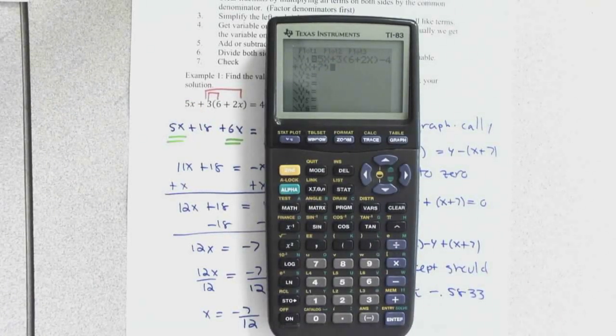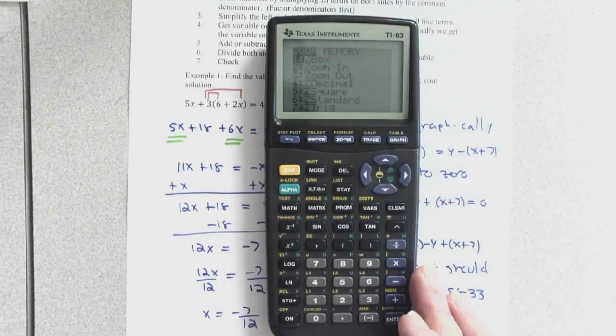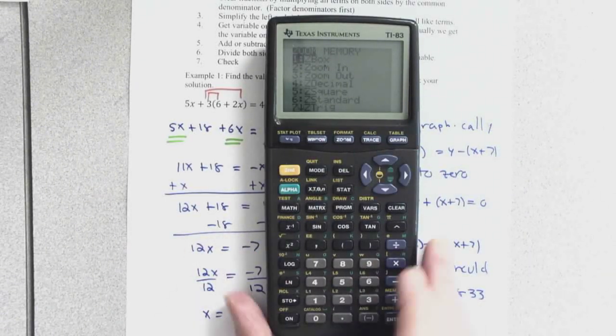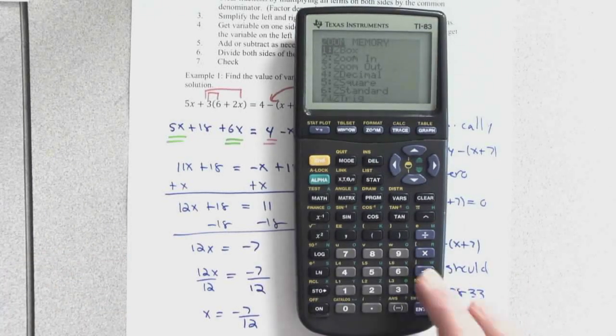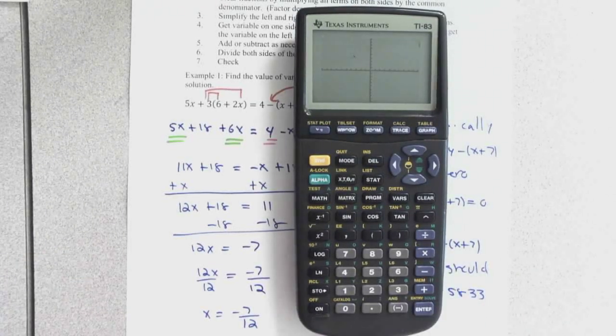So I put it in there just the way I saw it, and then most of the time my standard window of zoom 6 from -10 to 10 should do it. And so there's my answer, and I don't think I'm right. And I didn't mean to be wrong.